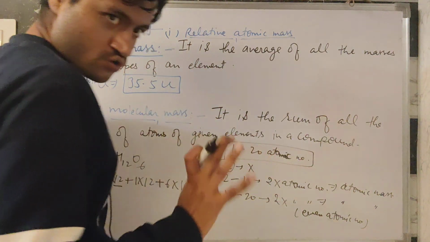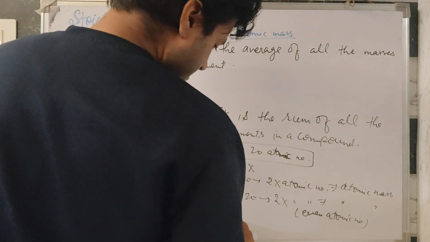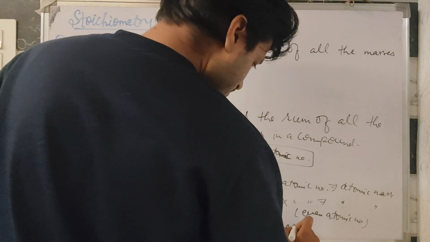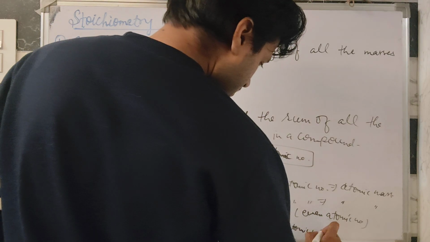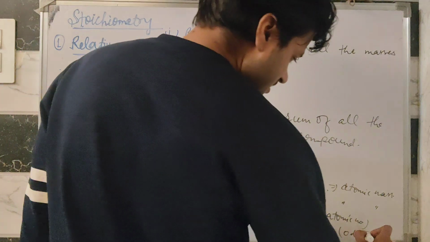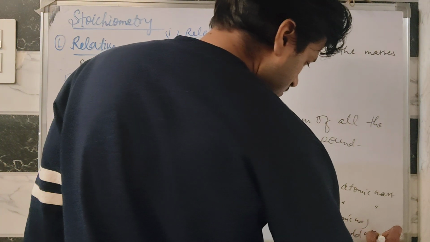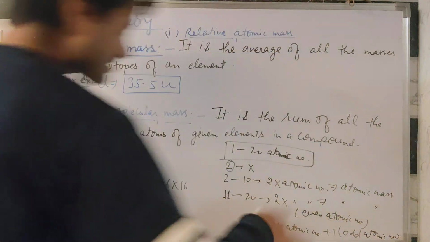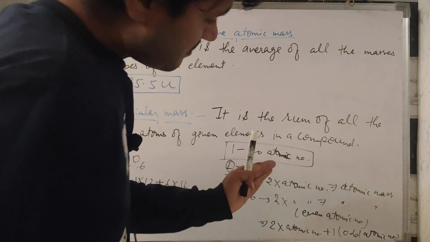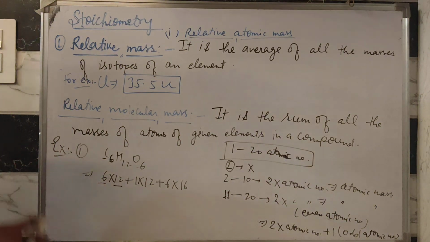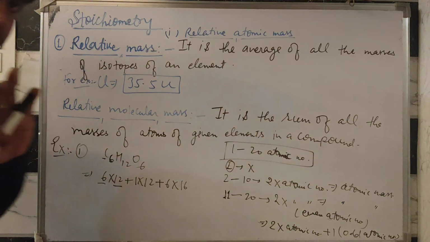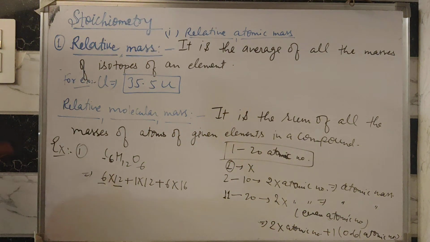But if it is an odd number, you double it and add 1: 2 into atomic number plus 1. For an odd atomic number, you will definitely get the mass of that atom. You can remember it like this, or if you practice the questions, you will automatically remember the atomic mass of the given element.